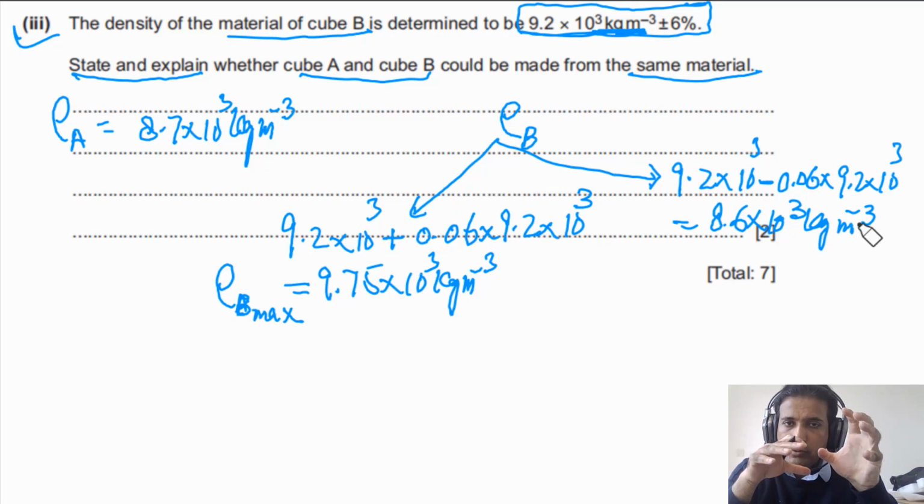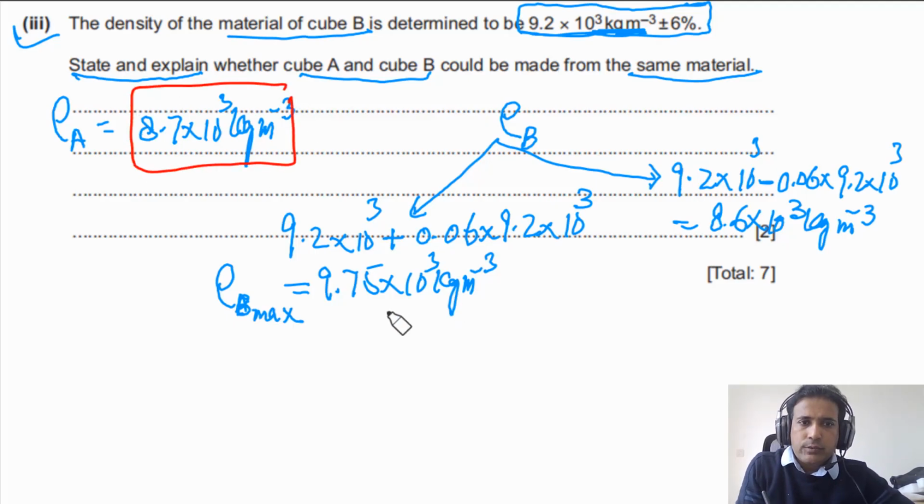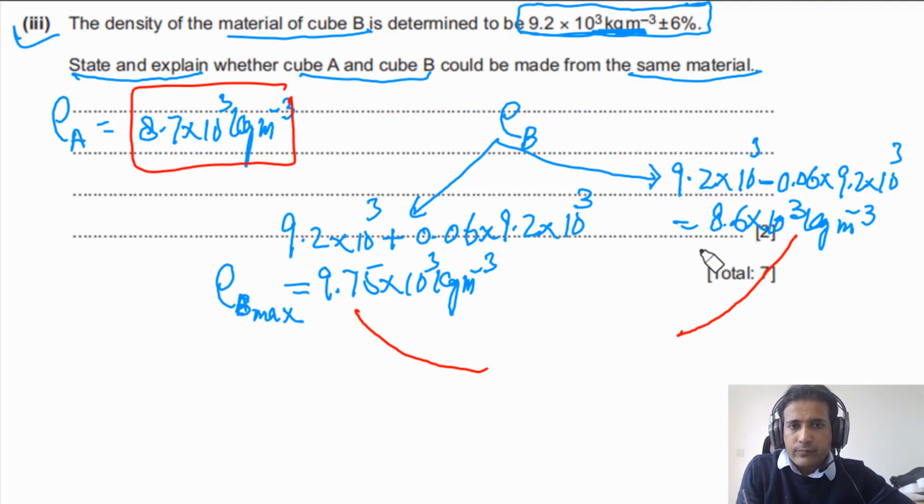Now we have the maximum value and the minimum value, so we have a range of possible values for the density of cube B. Now we need to compare this with the density of A. So here we have the density of A. If you look at these values, this is from 9.75 to 8.6, and this value is between these values, meaning it is between the possible values of B. So it means A and B can be made of the same material.